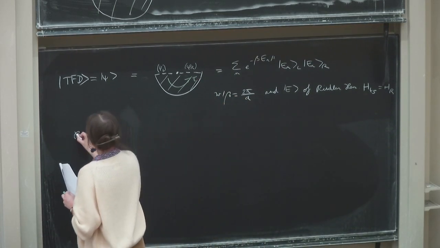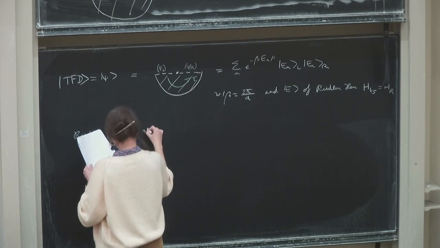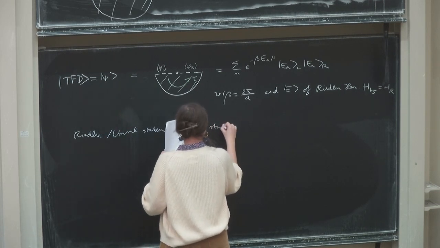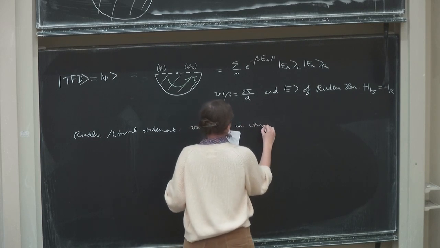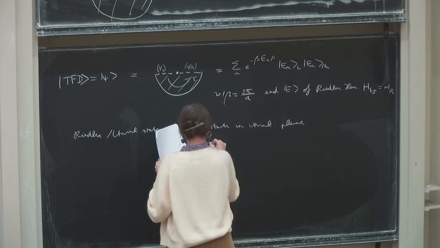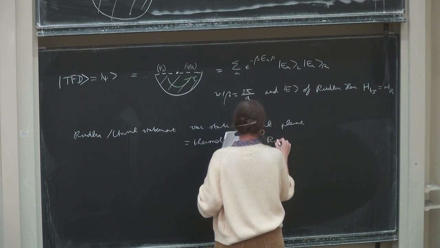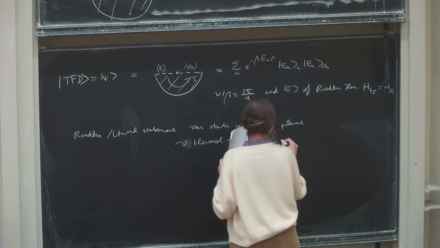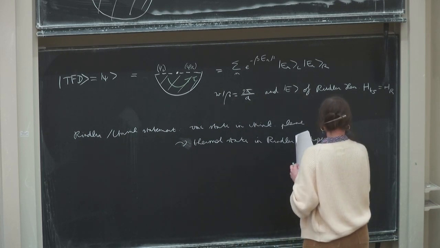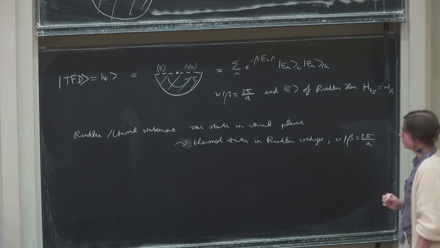And so then the Rindler or Unruh statement is the following. Is that the vacuum state in the Minkowski plane gives you a thermal state in the Rindler wedge. Okay.